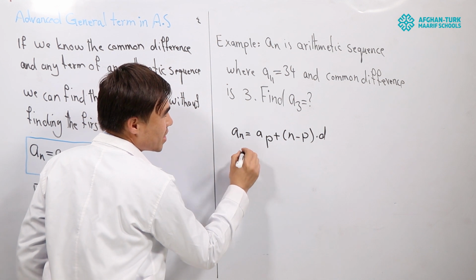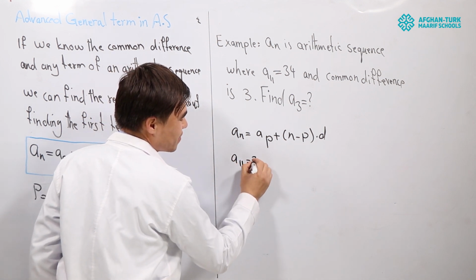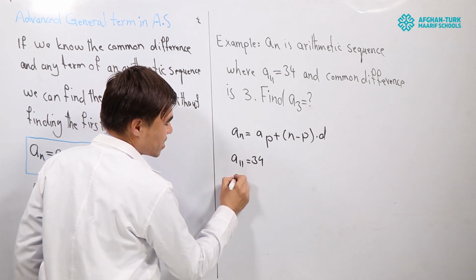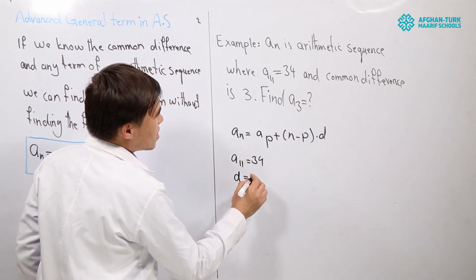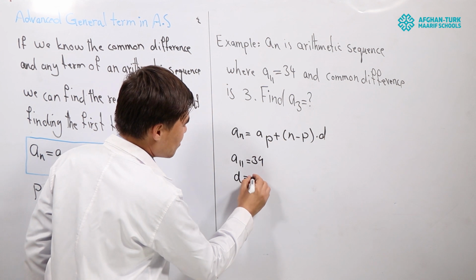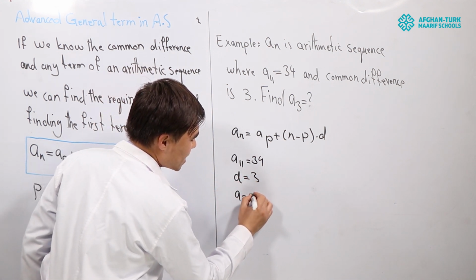For example, a_11 is equal to 34, and the common difference is given also, d is equal to 3. And the third term is what we must find.